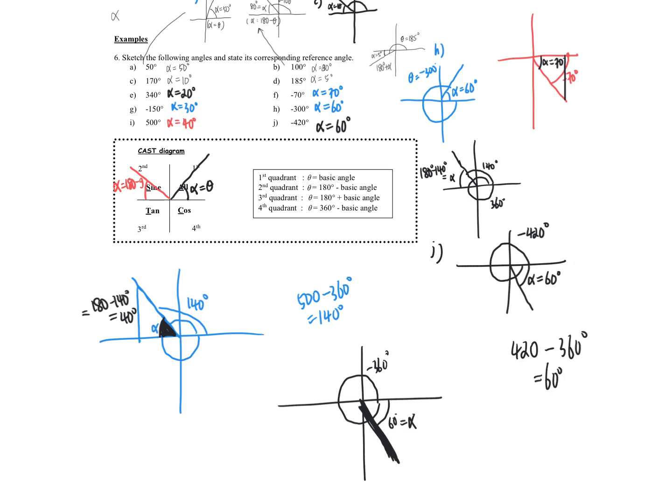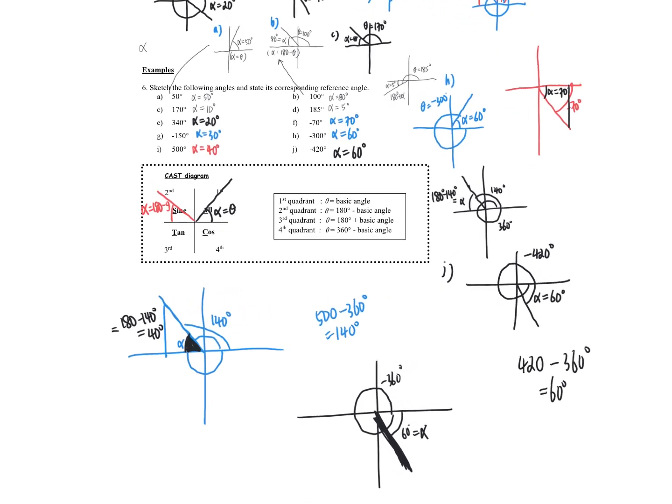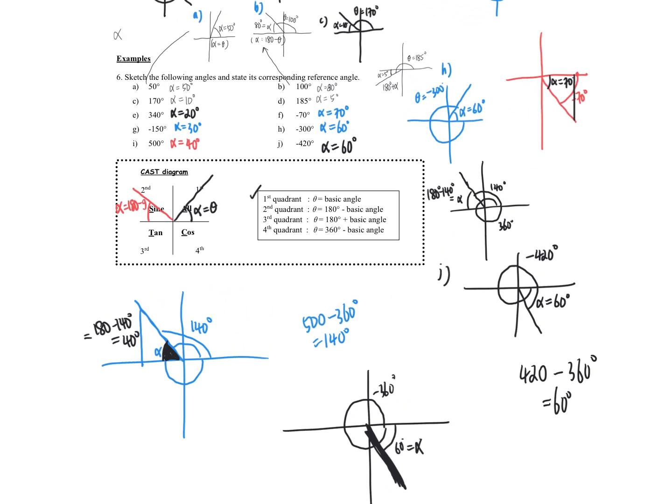Okay, so this is a summary. If you are in the first quadrant, your basic angle is just the angle that is given. In your second quadrant, your basic angle is always 180 minus your given angle. If you are in the third quadrant, to find your basic angle it is always whatever angle they give you minus away the 180.